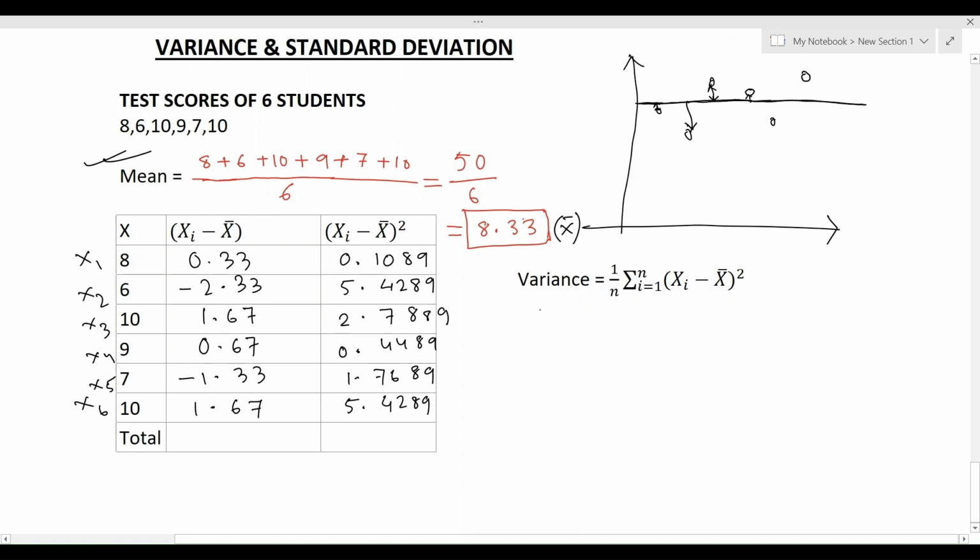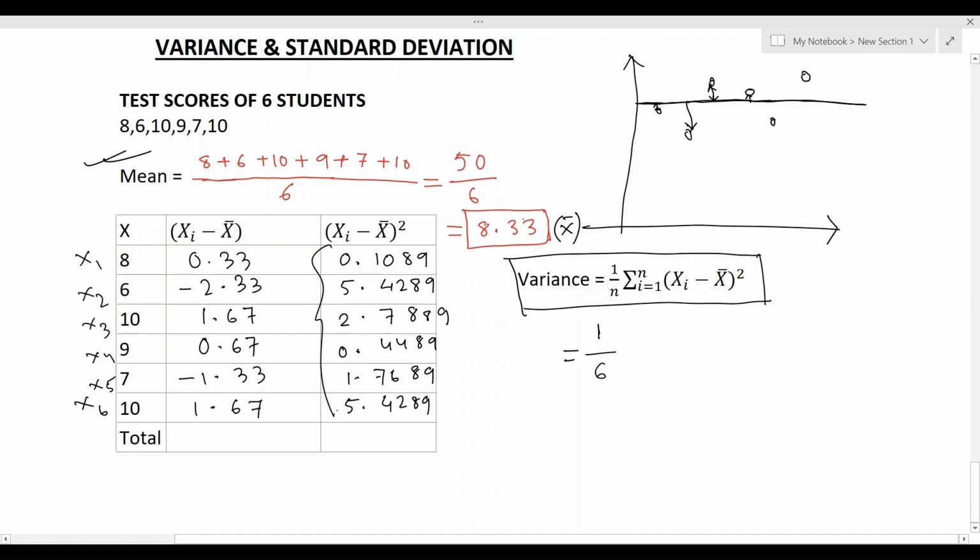Now here we can see the formula of variance we have here. This is the formula of the variance, where n is the number of observations. Here the total number of observation is 6. So we put n equals to 6. Now sum of xi minus x bar whole square. So we have to take the sum of all this observation.